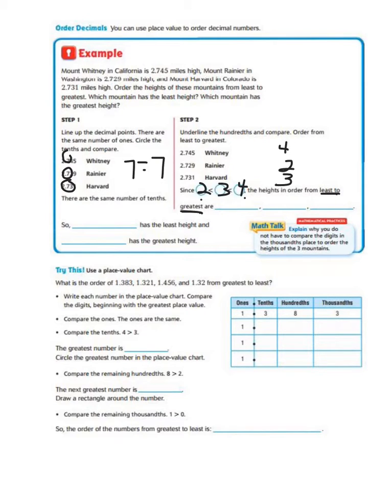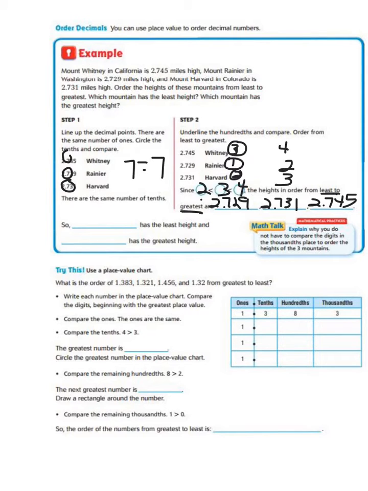So if we do those heights according to that, from least, this one's going to be number 1, this one's going to be number 2, and this one's going to be number 3. So in order from least to greatest would be 2 and 729 thousandths, 2 and 731 thousandths, 2 and 745 thousandths.